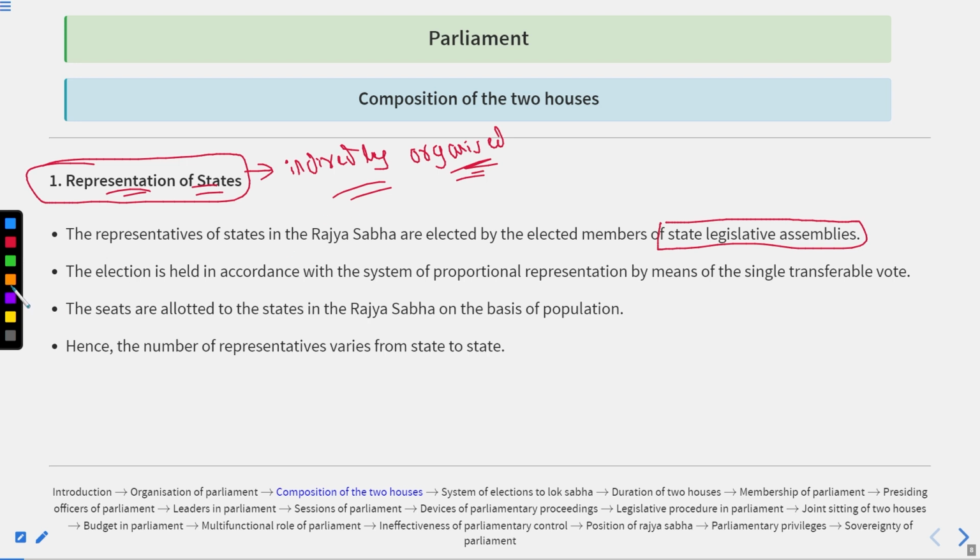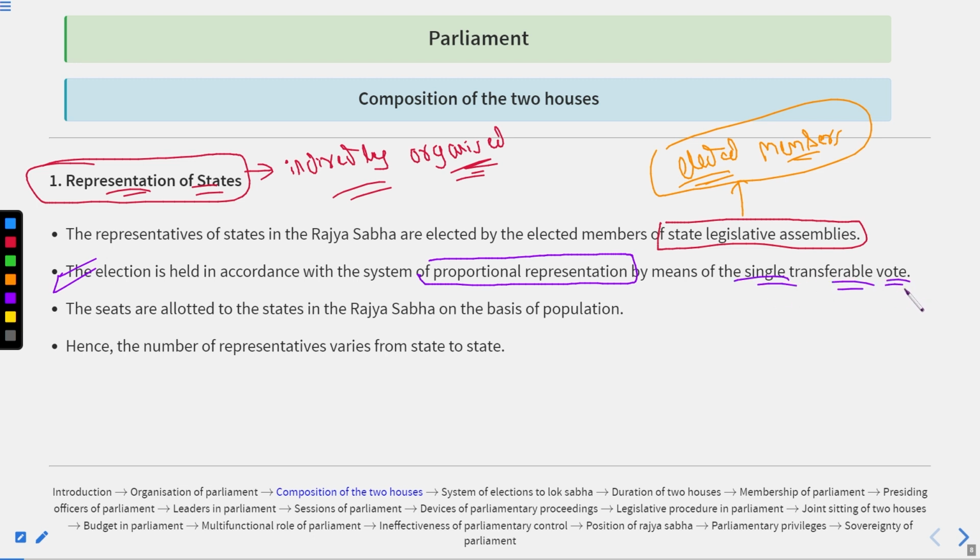So there must be a specific electoral college specially designed for the election, and this is the state legislative assemblies. The state legislative assembly elects the members who will represent their states in the parliament through the Rajya Sabha. The election is held in accordance with the system of proportional representation, which means the single transferable vote.